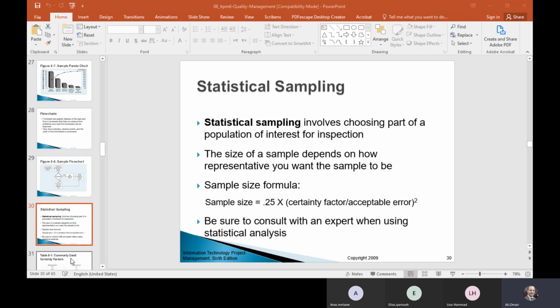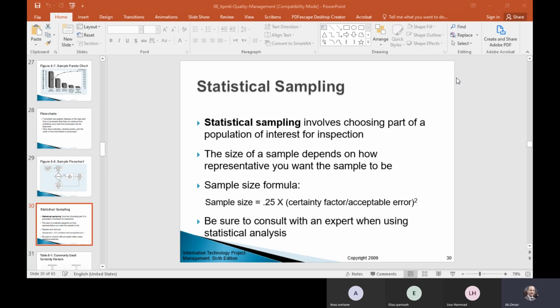What is statistical sampling? Basically, statistical sampling is the method of using statistics to identify the issues or quality of a product. It's a key concept in project management quality using statistical sampling. The members of the project team focused on quality must have a strong understanding of statistics.